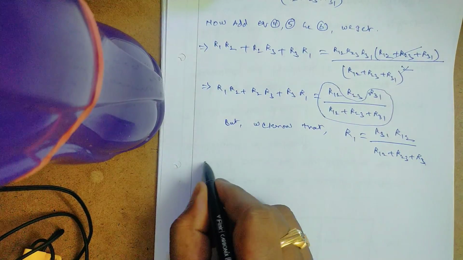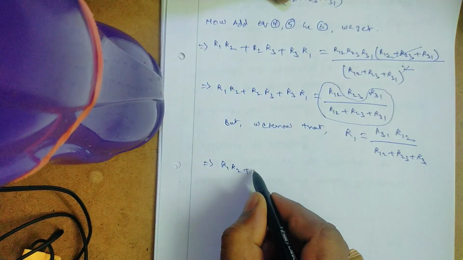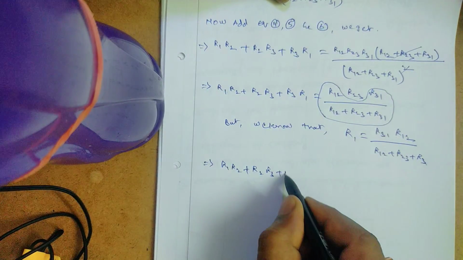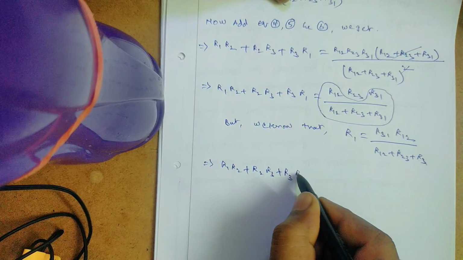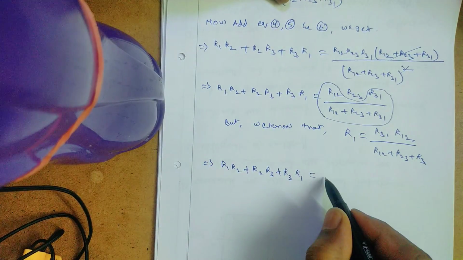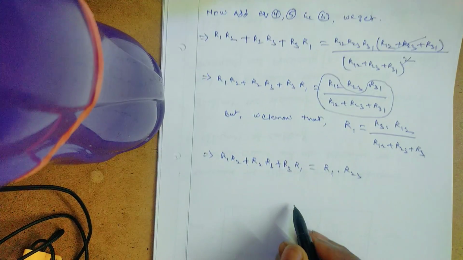Thus we get R1 R2 plus R2 R3 plus R3 R1 is equal to R1 into R23.